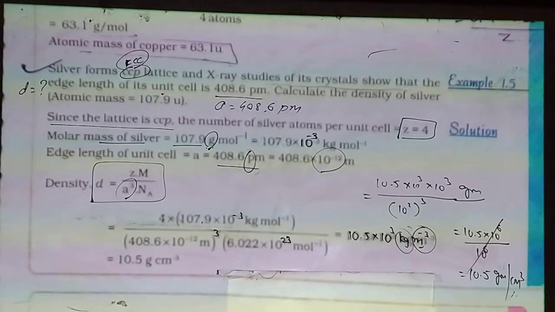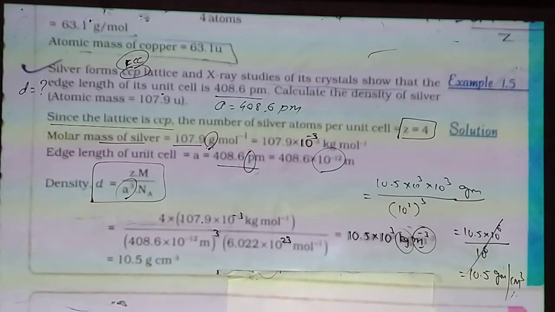This is given here. Once again, silver forms an FCC structure, otherwise CCP, both the same. The X-ray study of the crystal shows the edge length is 408.6 picometer. Density we have to find.